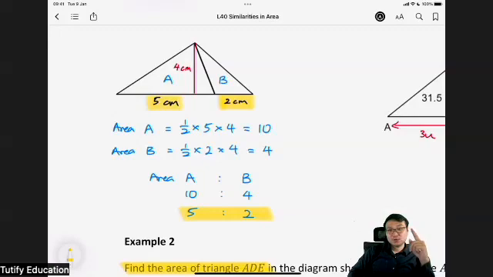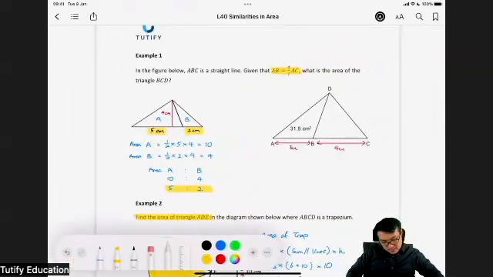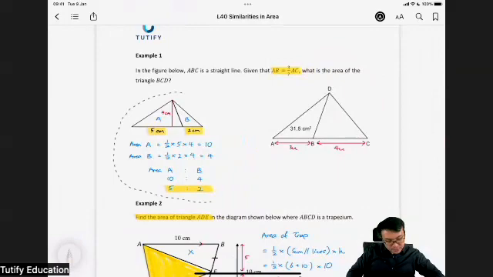Excellent. Because the two triangles have the same height. Whenever triangles have the same height, the ratio of the base is the same as the ratio of their area. So we are going to use this trick to solve the question.